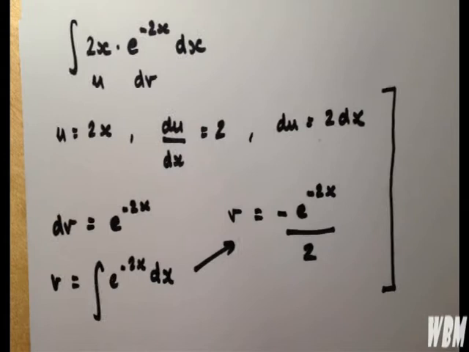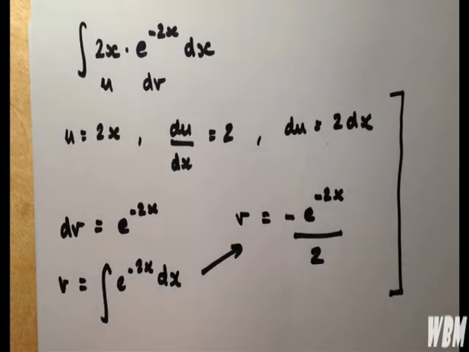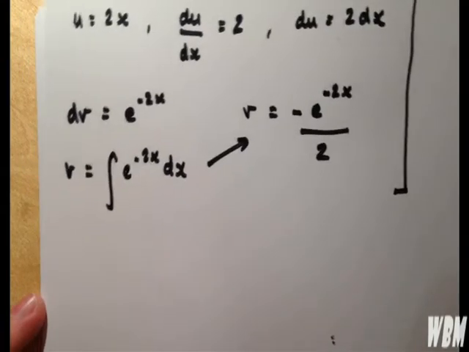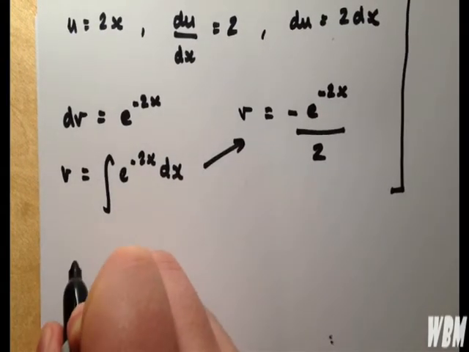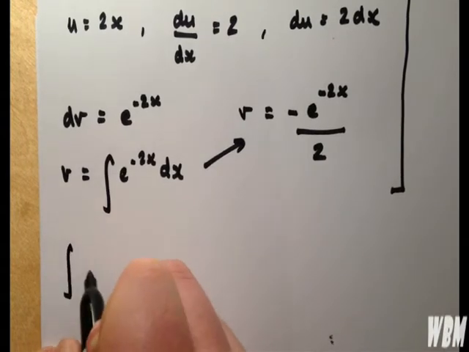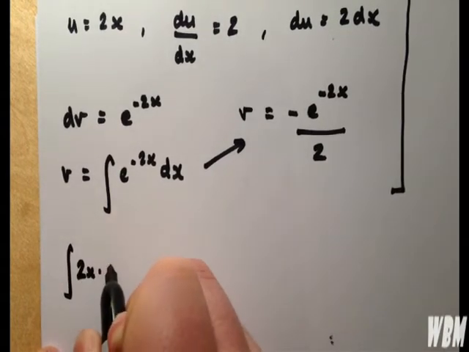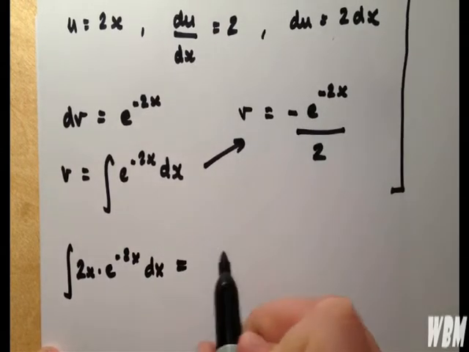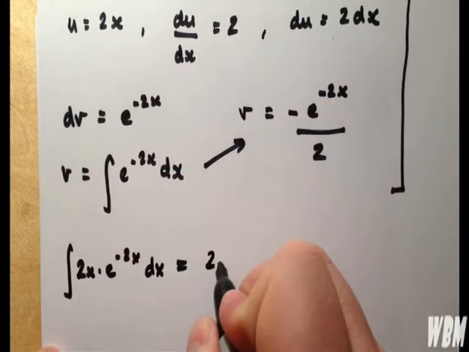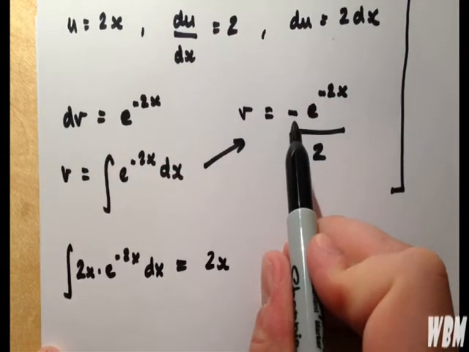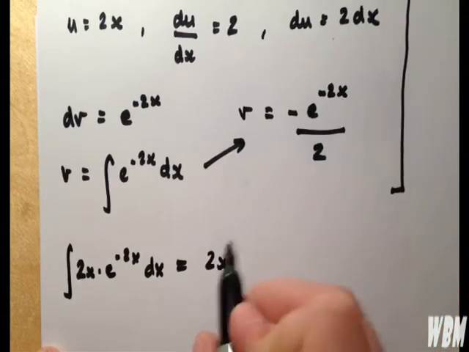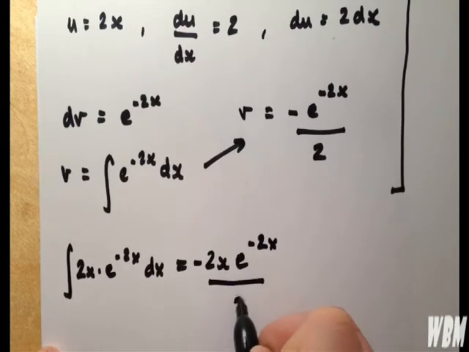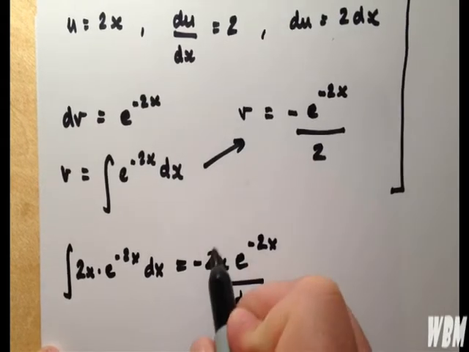So uv, I'll write the original question on the left so you can see the workings. uv, so 2x times by minus e to the minus 2x over 2, so I'm going to put the minus in front. Now note that the 2's cancel.